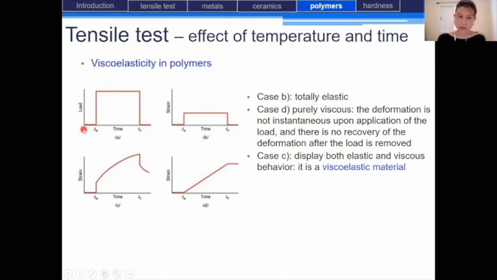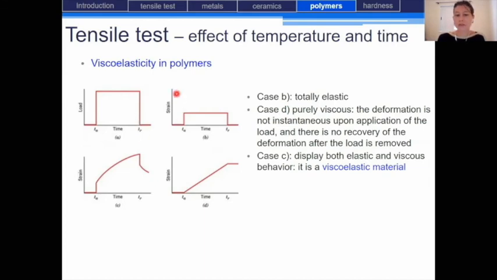Here we are going to apply a constant load to the polymer at a time ta, and this load will be applied until a time tr. Then it is removed, and we are going to see the state of the polymer after the load is removed.